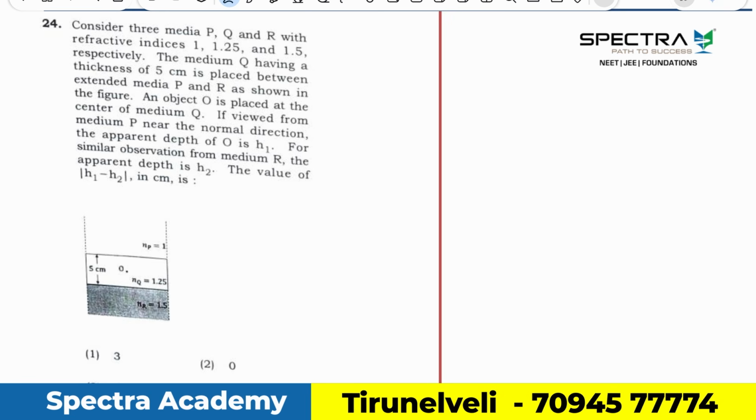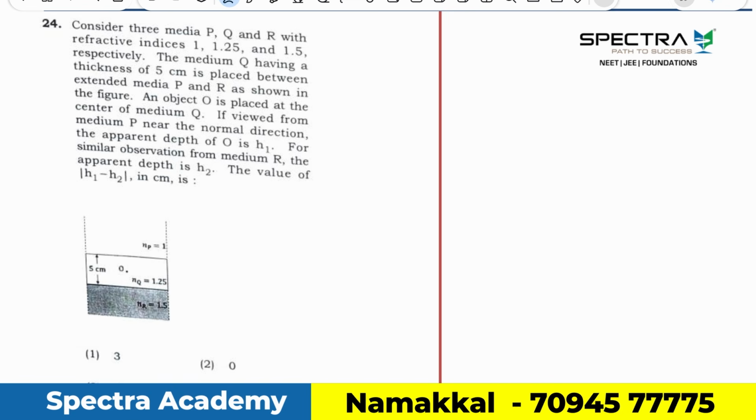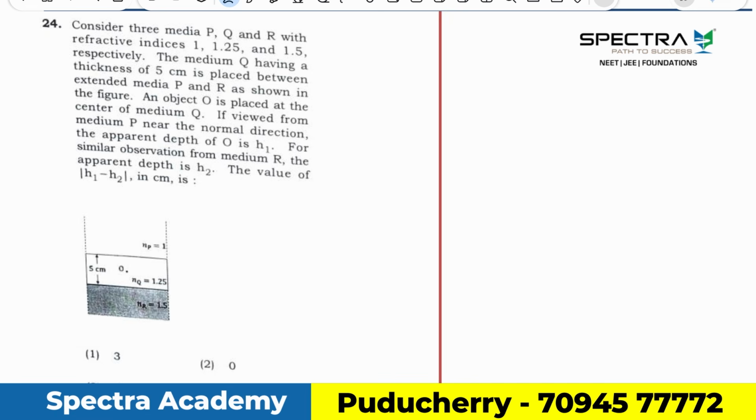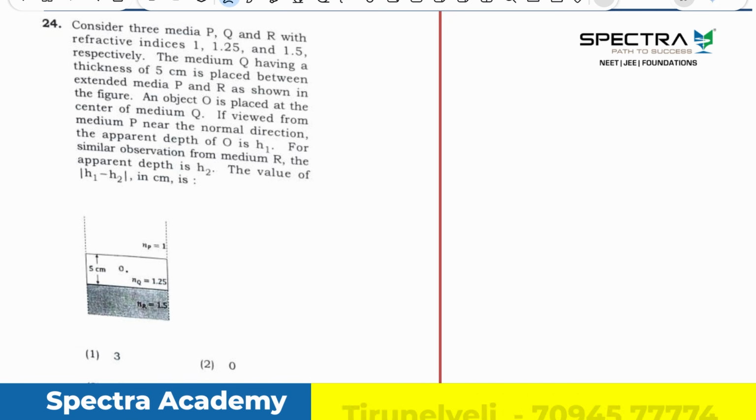An object O is placed at the center of the medium Q. If viewed from medium P near the normal direction, the apparent depth of O is h1. For the similar observation from medium R, the apparent depth is h2. The value of magnitude of h1 minus h2 in centimeter is. Okay, so it's a simple question of ray optics.